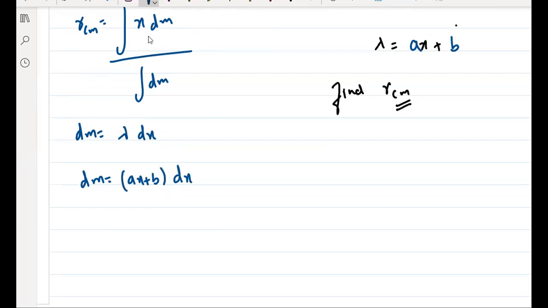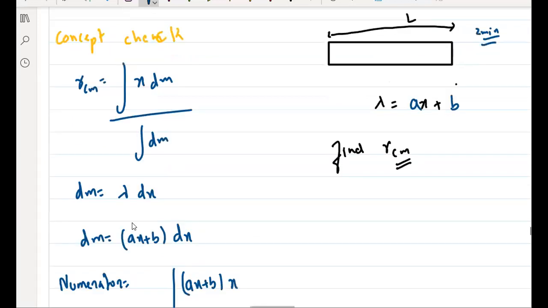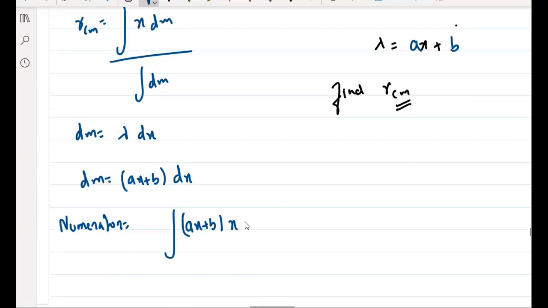When you talk about numerator and denominator, try to find them separately. The numerator would be the integration of ax plus b into x, because dm is this, and here x dm, so this into dx.